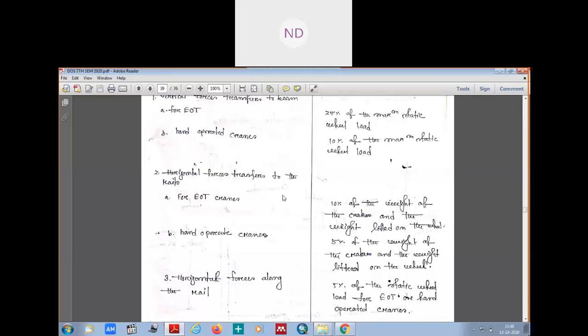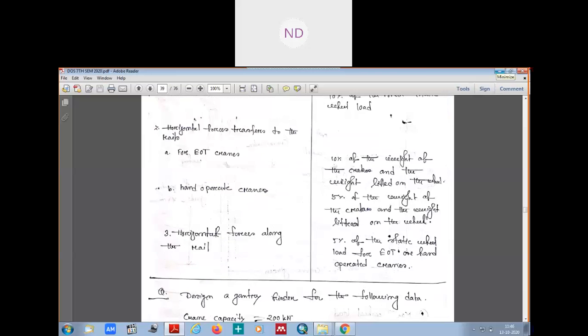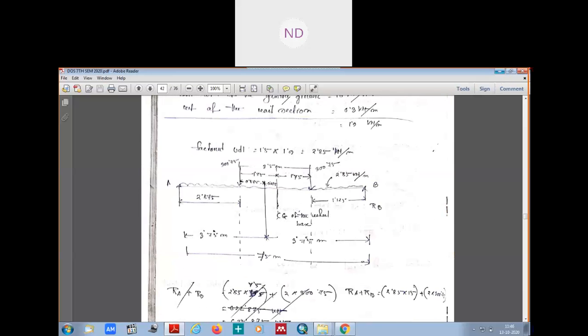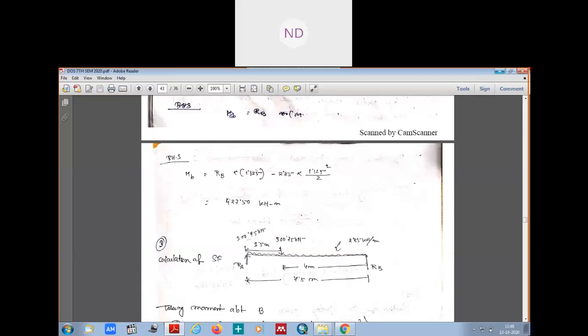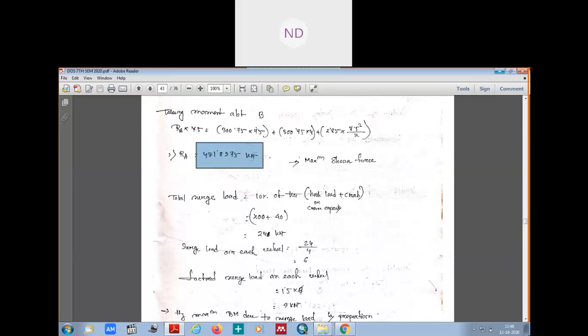Total surge load is taken to be 10% here, of the hook load plus the crab, or the crane capacity. So the total was how much? This is the load of the crane's maximum capacity, and this is the crab, that is the trolley weight. So 24.